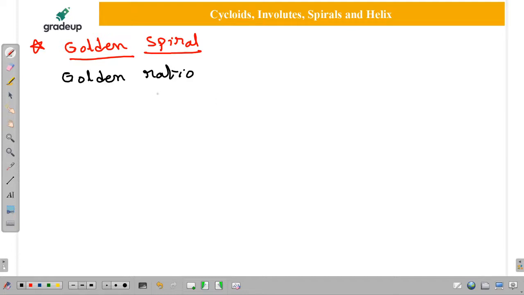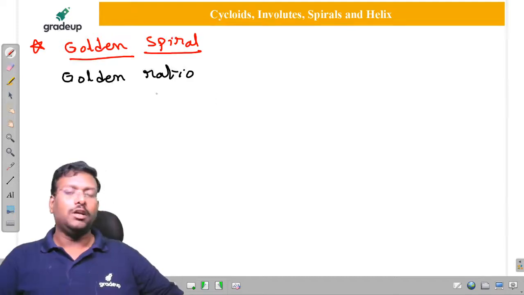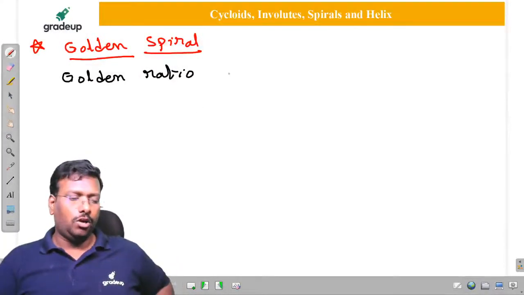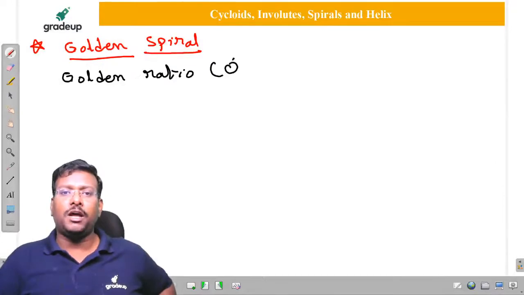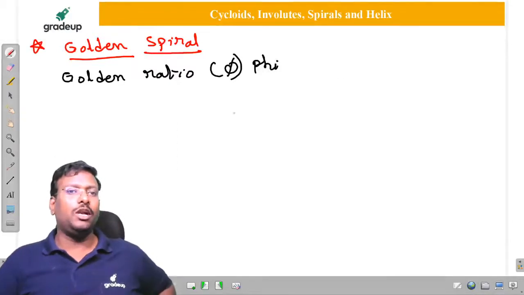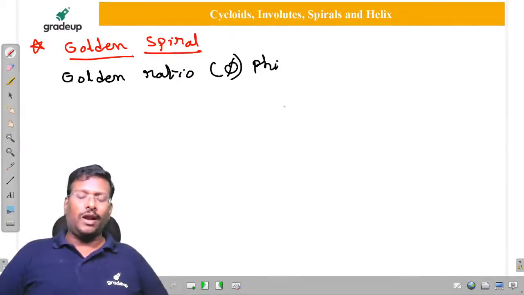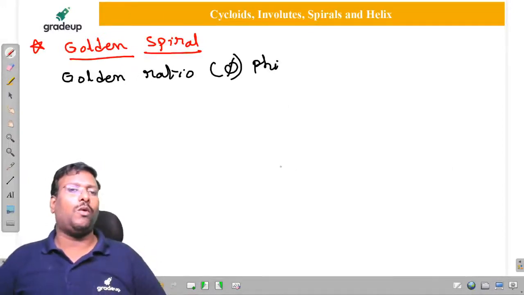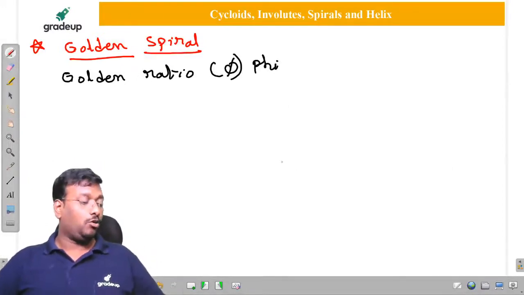Now, how many people are aware of the golden ratio? Because for civil people, it is one of the most important elements. Normally, the golden ratio is represented with the symbol phi. It is not pi, it is phi, PHI. So what is this golden ratio, sir? What the advantage and use are, I will explain later. First of all, we will know what this golden spiral, sorry, golden ratio is.